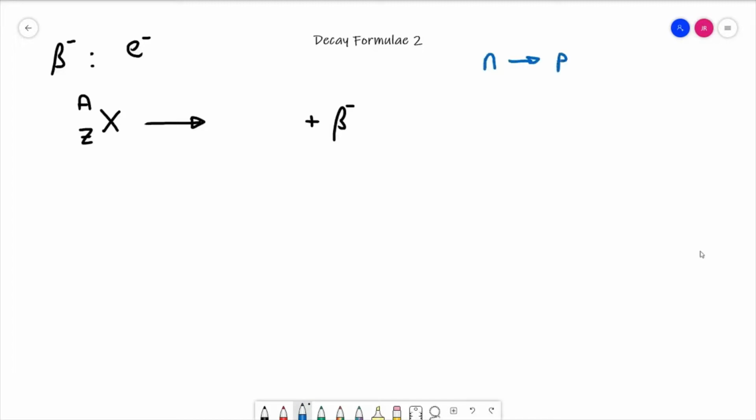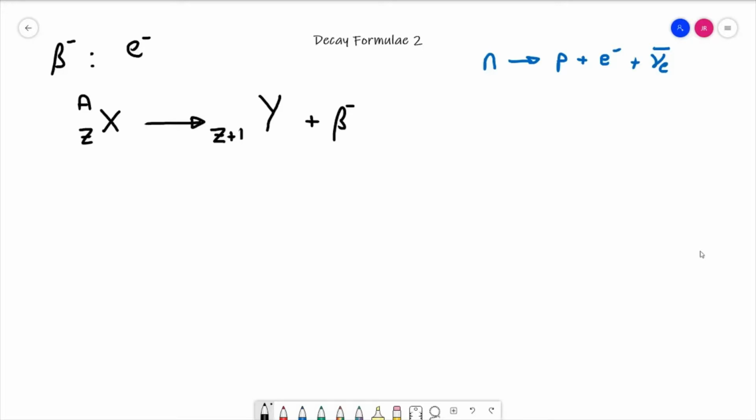Logically, and hopefully from last year, we know that a neutron is decaying into a proton and an electron, and in order to make sure that we keep everything conserved, an anti-electron neutrino. Now, because a neutron is decaying into a proton, our proton number will increase to Z plus 1. Because our proton number has changed, we're once again changing the element, so we're going to put a Y there in order to show that the element itself has changed.